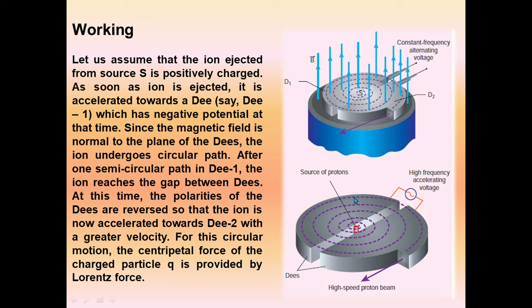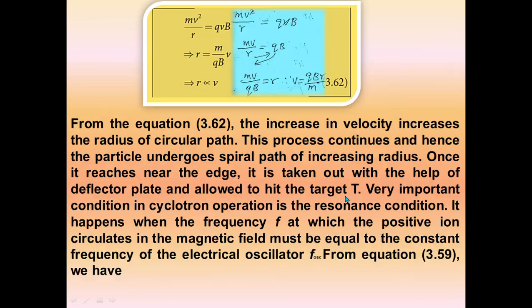Here the next point: centripetal force is mv² divided by r. Magnetic force is qvB. Both are equal, so one v cancels. What is the value of r?